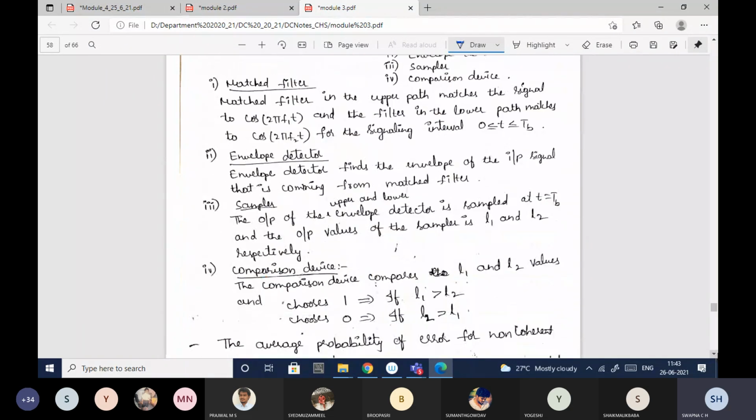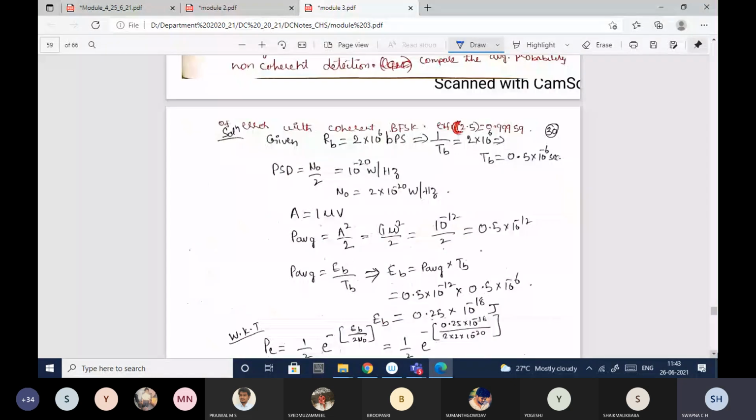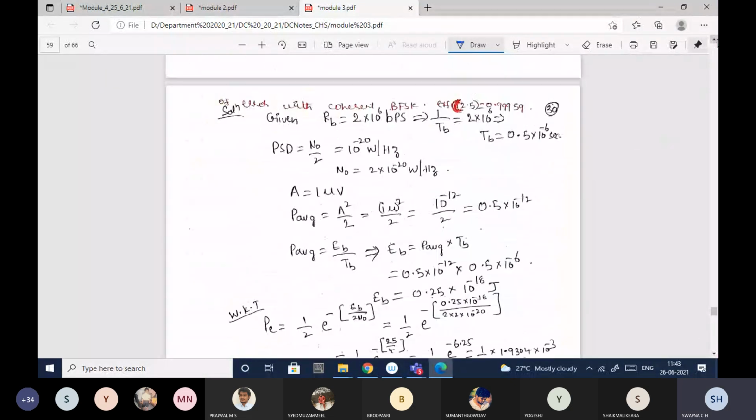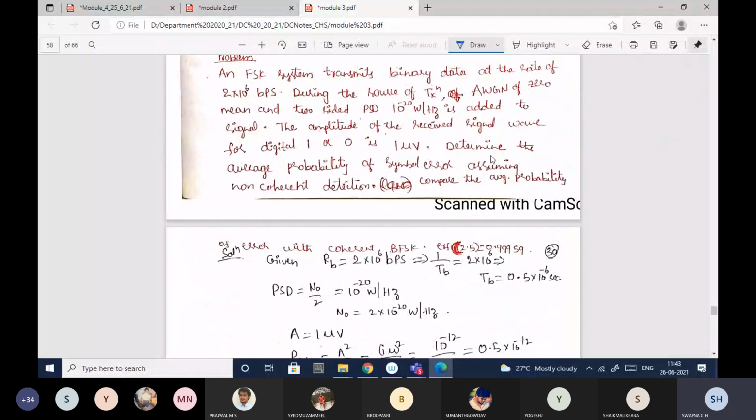Okay, then comes problems related to this. We didn't do this problem, but I've told you, you can just look into the problem because it is just a comparison. So what is the question? An BFSK system transmits binary data at the rate of 2 times RB, which is given.